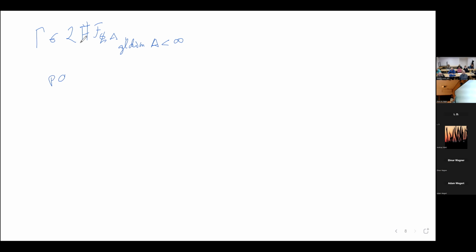Then the projective dimension of this module B gamma A.